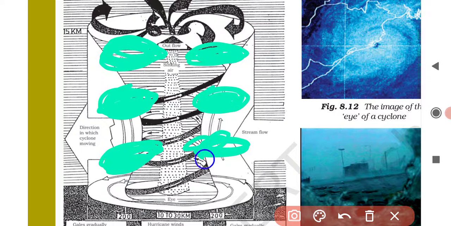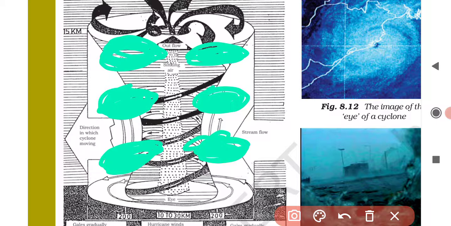And in these thick clouds, what is there? There are very high-speed winds, and the wind speed can be about 150 km per hour to 250 km per hour. And these thick clouds produce heavy rain.